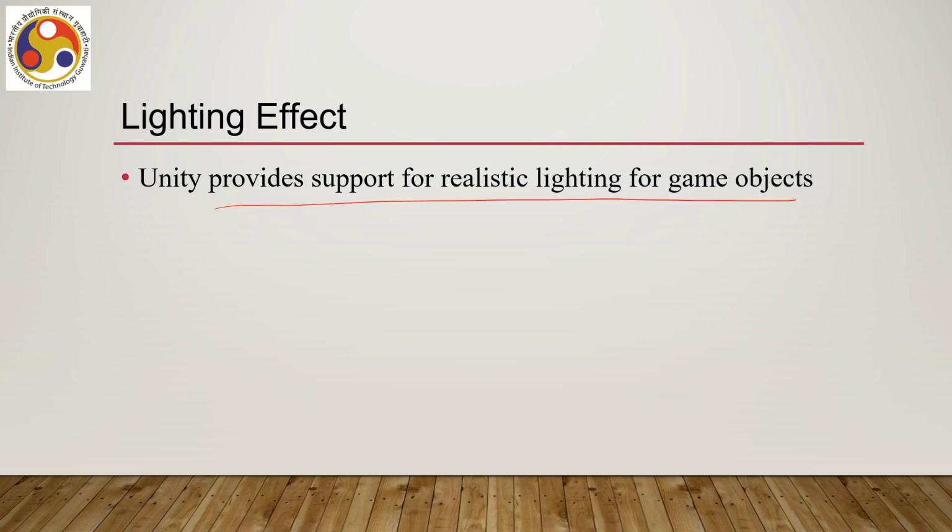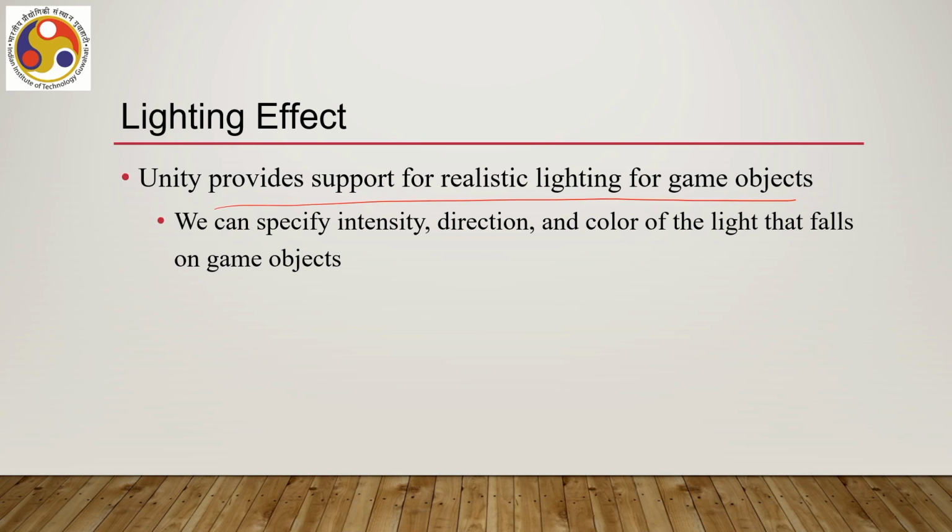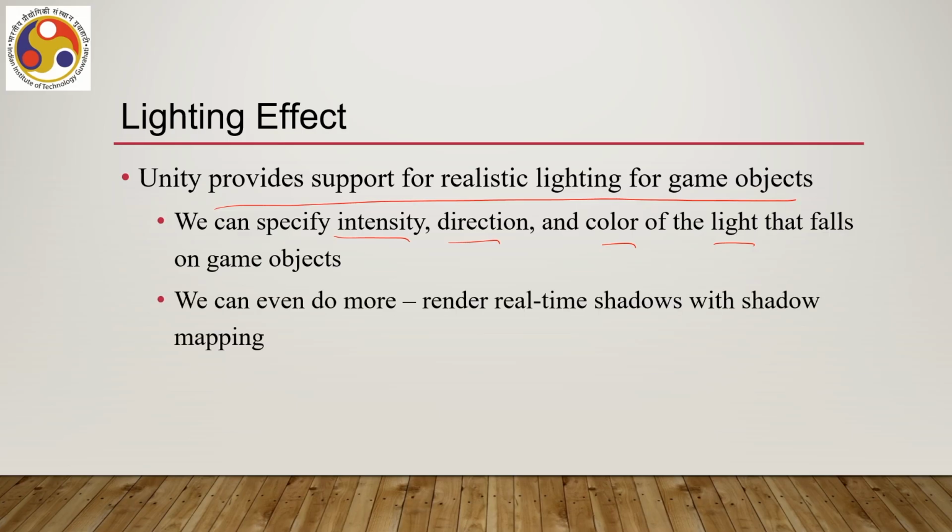I am referring to the Unity developers environment. So, Unity provides support for realistic lighting for the game objects. We can specify intensity, direction and color of the light that falls on the game object. We can even do more, render real time shadows with the shadow mapping.